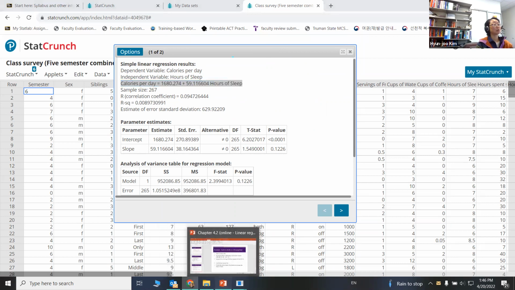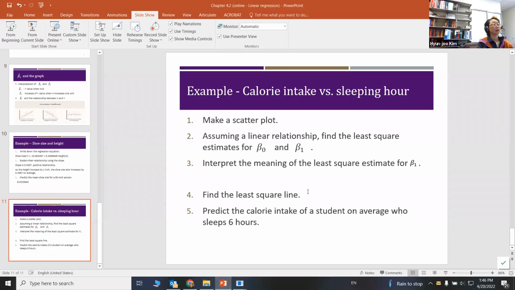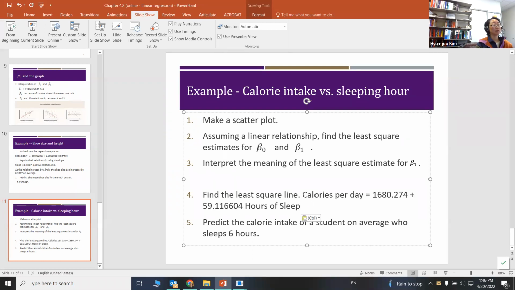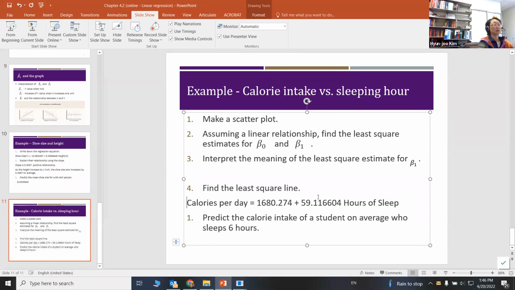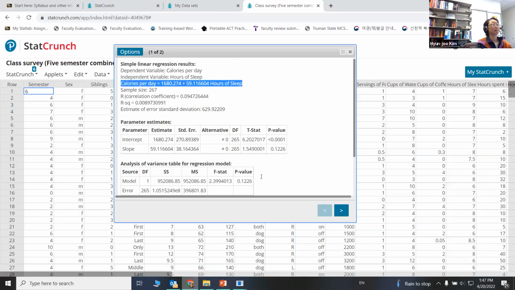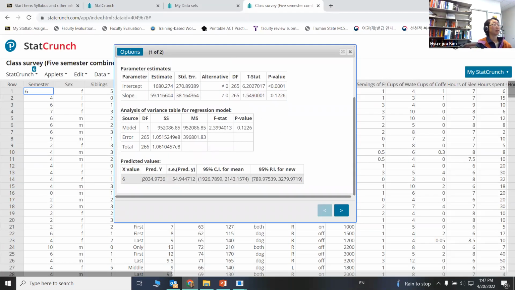So I'm going to go back there. And then I'm just going to write it down. Right? Calorie per day is, but that's your y-intercept, and the 59 is your slope, and then the prediction. Again, this is the value, right?